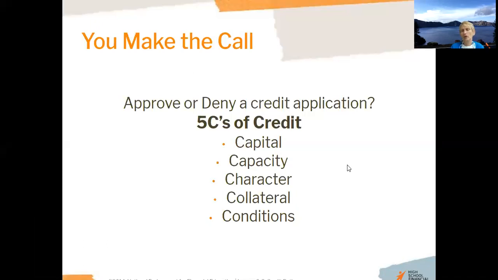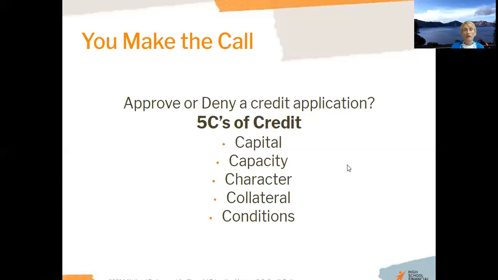Would that, with their current debts, put them beyond that 20% that they should be borrowing? We don't get the full credit report on the application, so we may not know things about the character. How long have they been at their job, if that's included? Is this for a car? Then I would have collateral, those kinds of things.